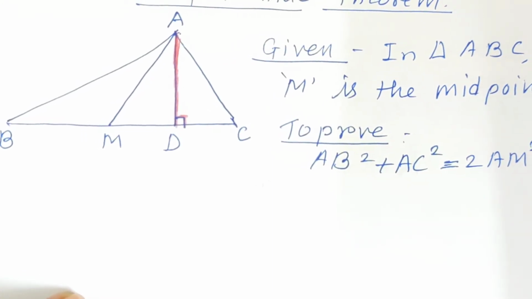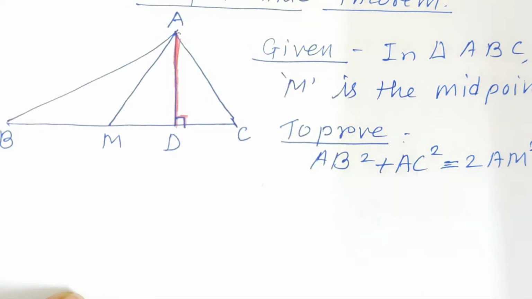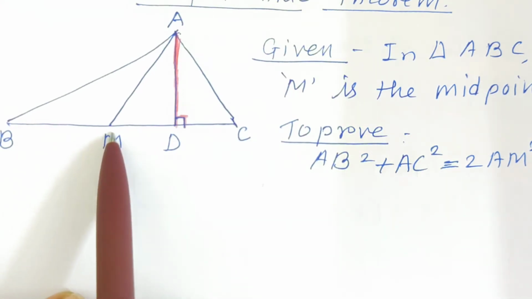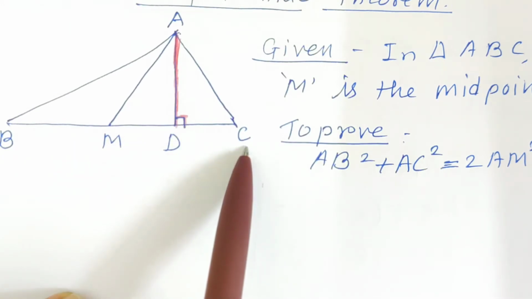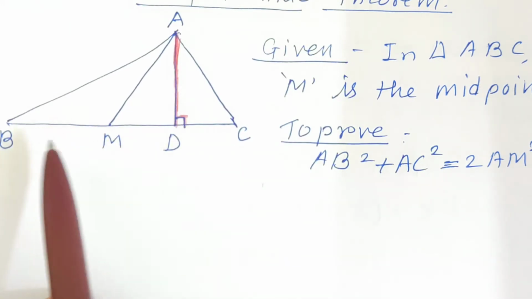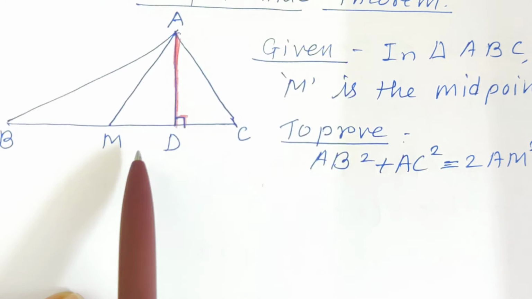Triangle ABC is a given triangle and M is the midpoint of the side BC. If M is the midpoint of side BC, that means BC is divided into 2 parts, that is BM and MC.